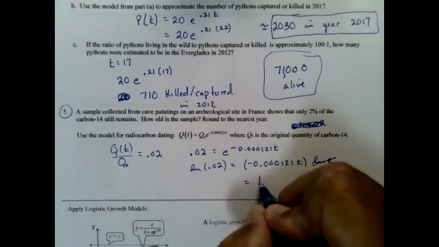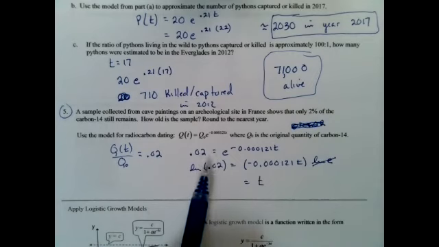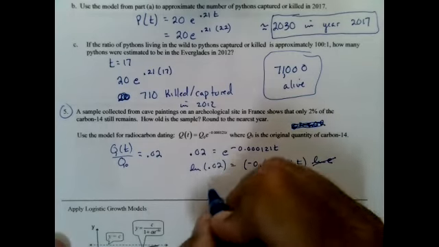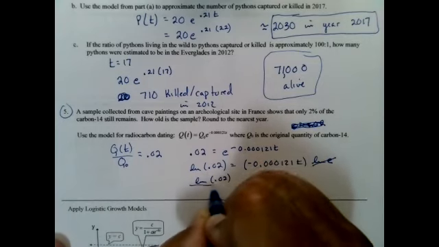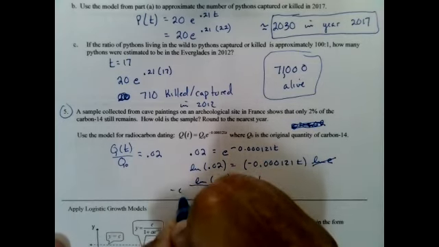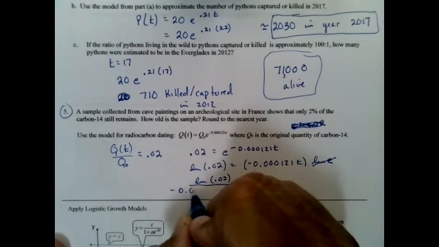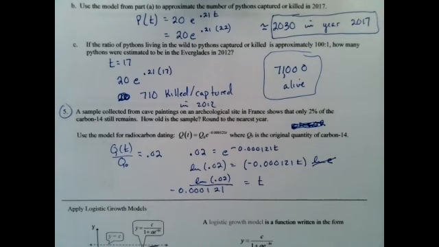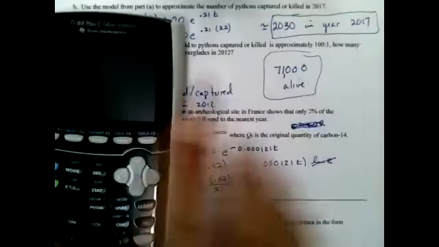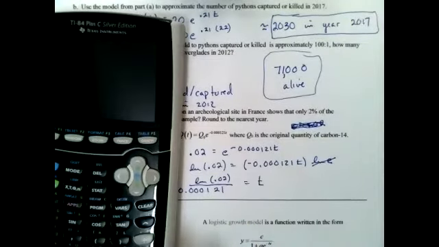So t is going to be the natural log of 0.02 divided by negative 0.000121. We're going to find out how old this thing is.